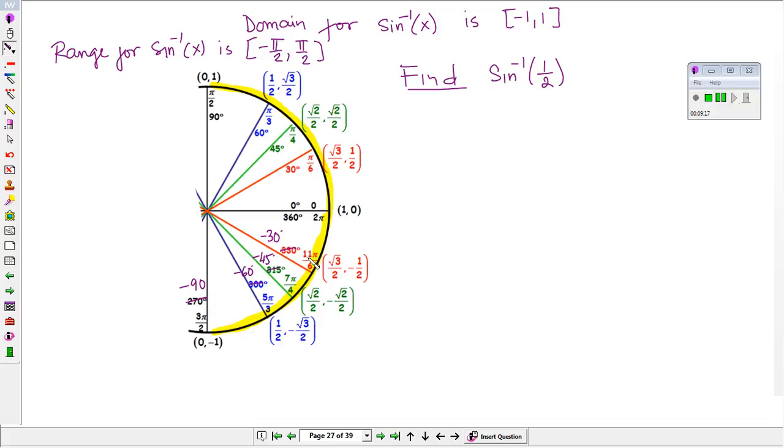Now if we're looking at the radian or the arc length, this will be -pi over 6. This will be -pi over 4. This will be -pi over 3. And lastly it will be -pi over 2.